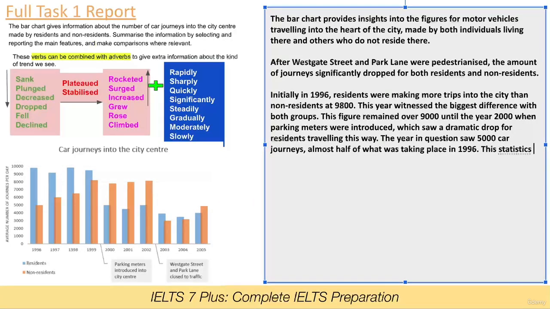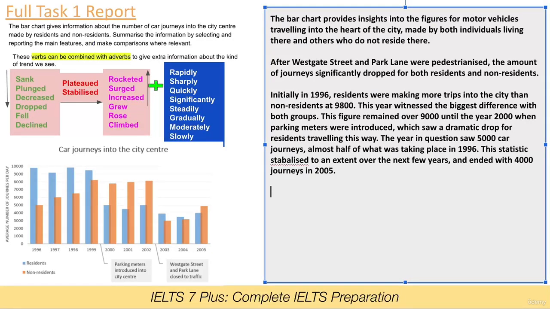This statistic stabilized to an extent over the next few years and ended with 4,000 journeys in 2005. Okay, let's read this back and see how we're doing.